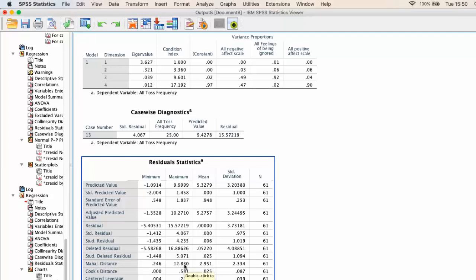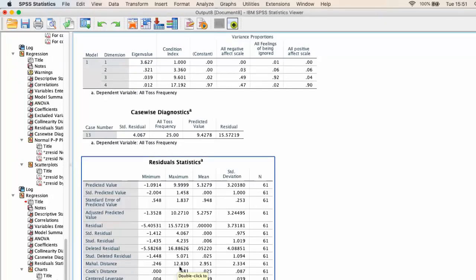You don't have to go into too many specifics, which I have in the handout I gave you guys. It tells you exactly what the cutoffs are depending on your number of predictors. Here we have 4 total predictors, and the cutoff for that number is 13.277. This one is right beneath that, so that's good for your maximum. And then you also have your Cook's distance, and that one should not be above 1. So we're good for Cook's distance as well.